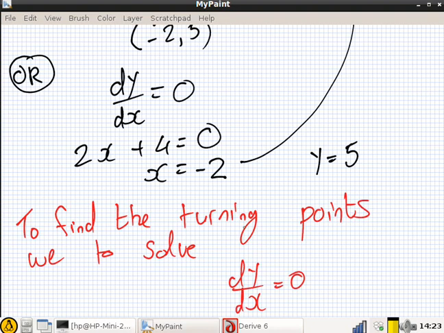There are so many words that mean turning point. You might actually know some already. Turning point, yeah, critical point, vertex is also turning point.